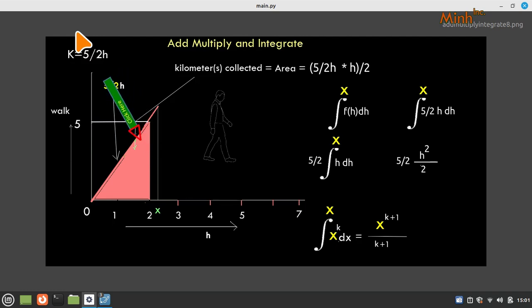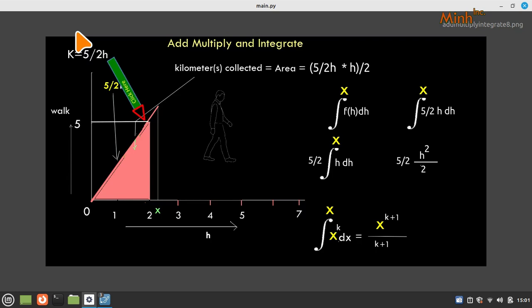Now if I look closely, this triangle, and if I make it kind of opposite, this triangle, both are the same, meaning both have the same area. This full shape leads to a rectangle. From here down it is a rectangle, and the rectangle height is 5/2h.